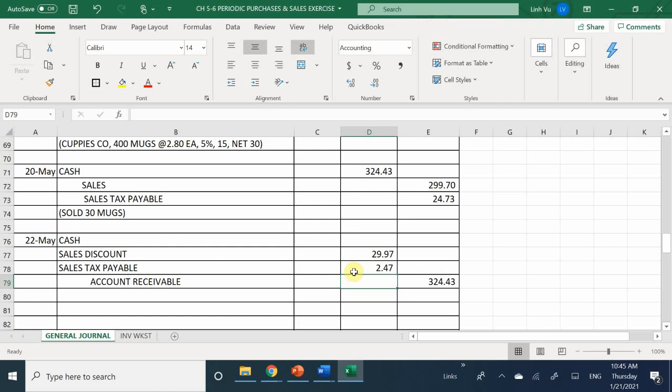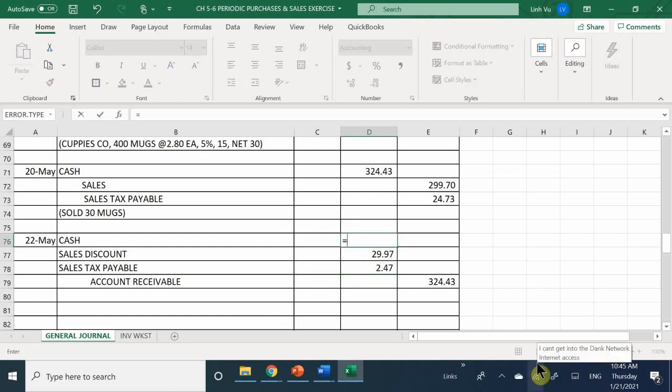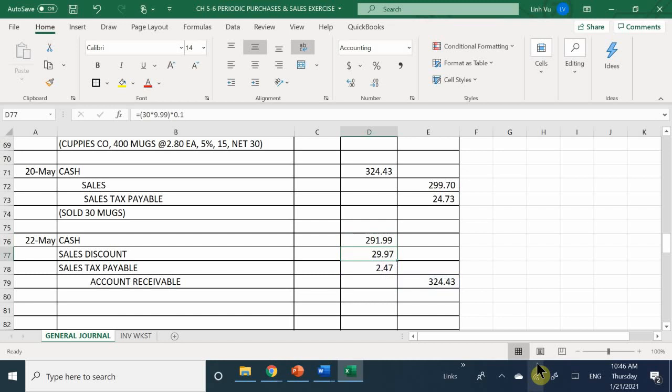Now, how much cash are we actually going to receive? $291.99. So that's how much cash we're actually receiving.